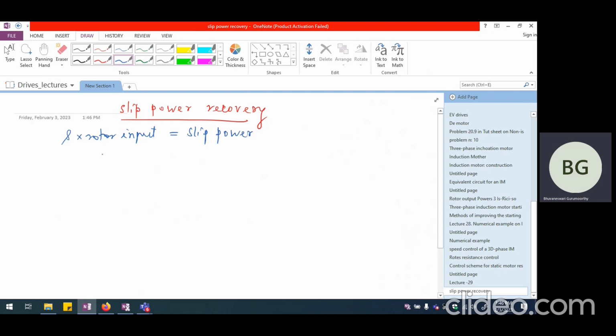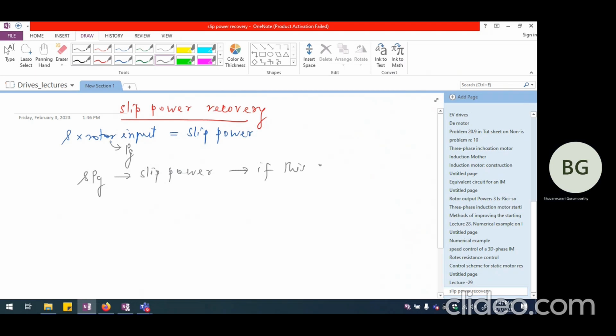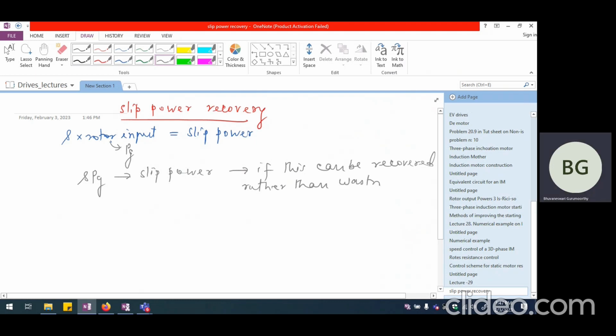So if we can recover S times rotor input, which is generally specified in many books as PG, air gap power, that is, if S times PG, the slip power, can be recovered, then efficiency can be improved rather than wasting it in the form of copper losses.